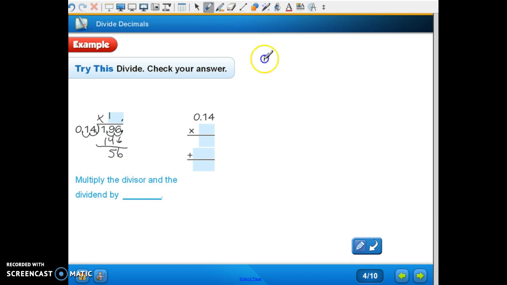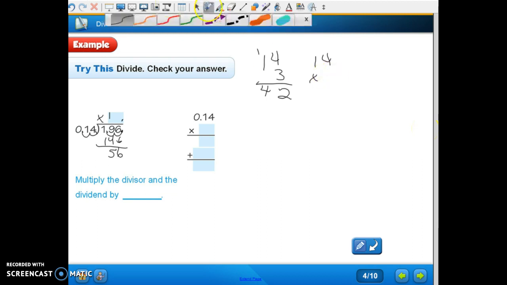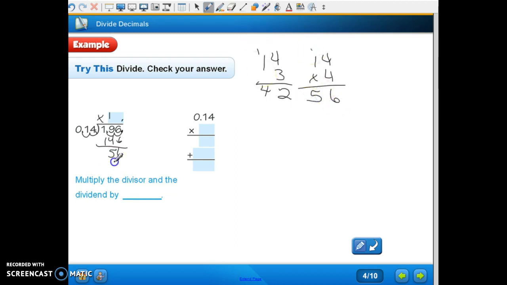Well, let's go over here and try. 14 times 3. No. That gives us 42. 14 times 4. 4 times 4 is 16. 4 times 1 is 4 plus 1 is 5. So we have 56, and so we have a 0.